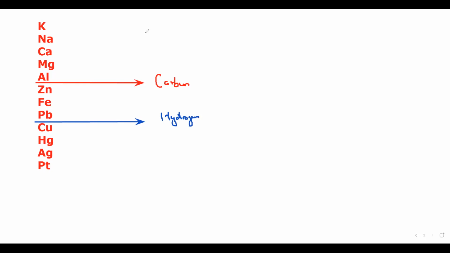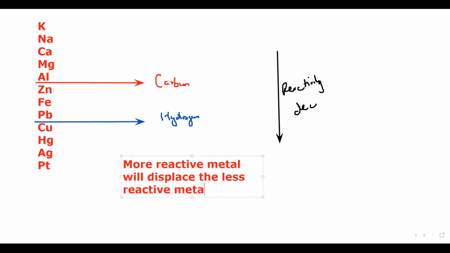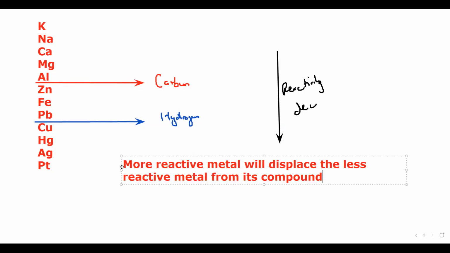So as we go down in this series, what we observe is the reactivity decreases. And always remember, the more reactive metal will displace the less reactive metal from its compound.